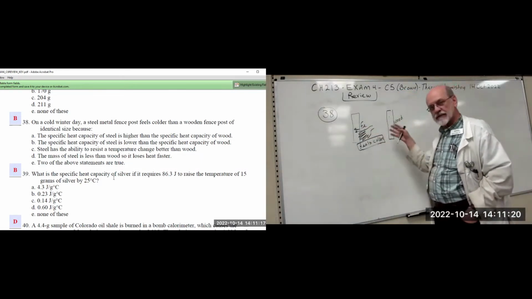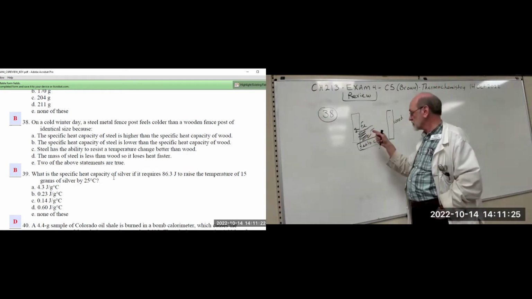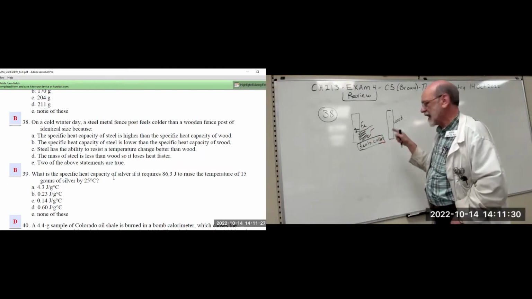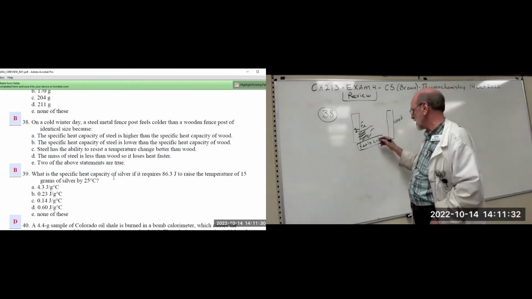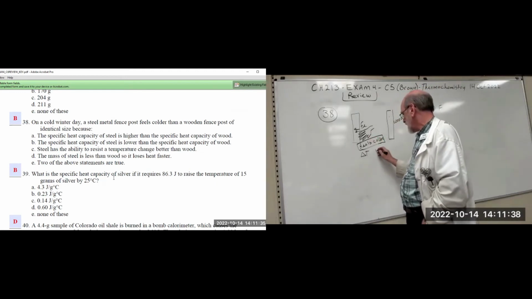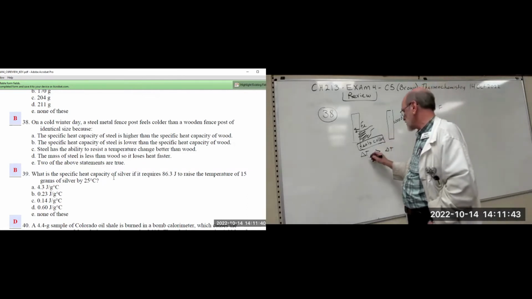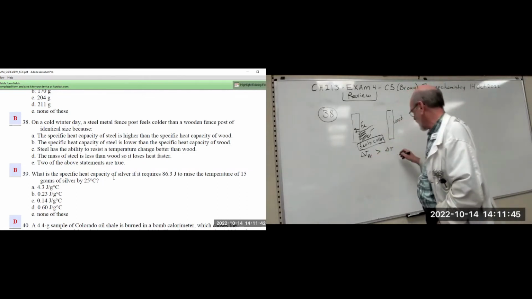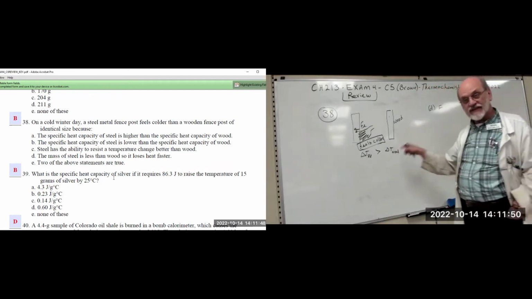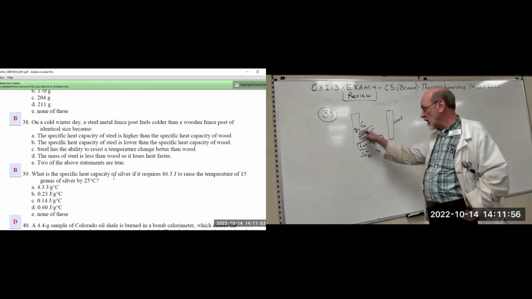But we're seeing the difference. More heat is being transferred to the iron, and it feels colder because the temperature change is greater. So the temperature change of the steel is greater than the temperature change of the wood. Okay, that's the key. It feels colder because the temperature change is greater on this side.